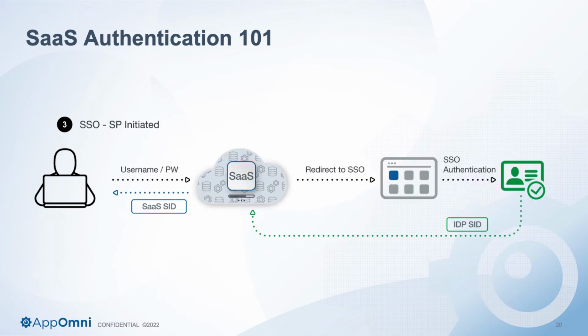The third type, service provider-initiated flow, is where you can configure your SaaS platform to refuse local authentication. If any user tries to authenticate directly, it's going to redirect them to the IDP and say, if you want to talk to me, first you have to talk to this identity provider and do strong authentication. This is a best practice, but the end result of the user going through this is a session ID.